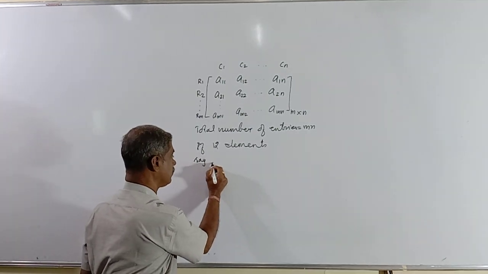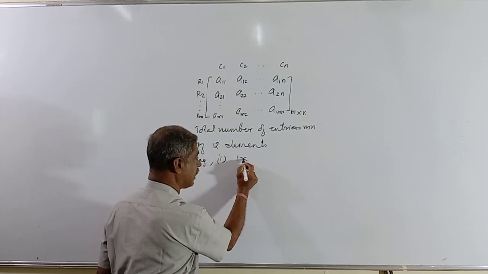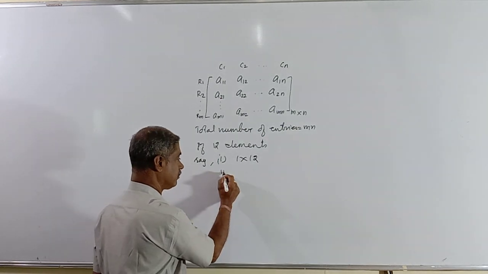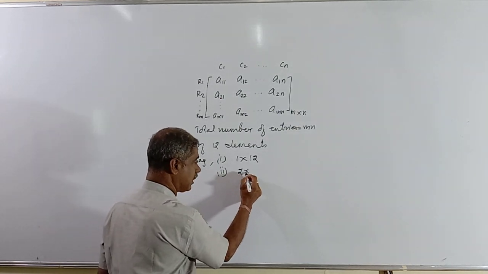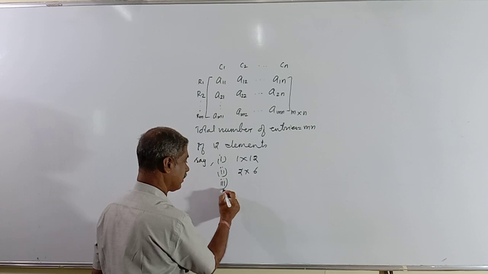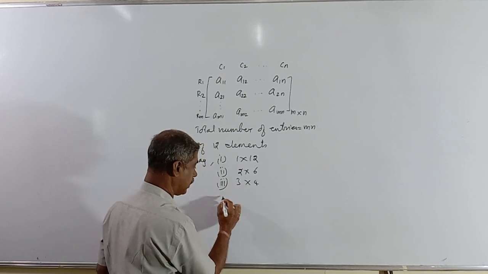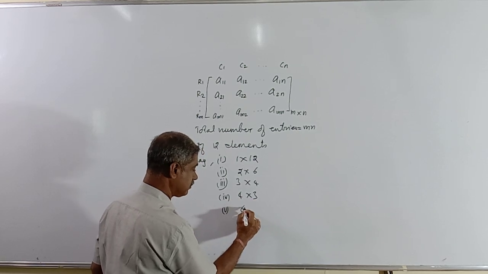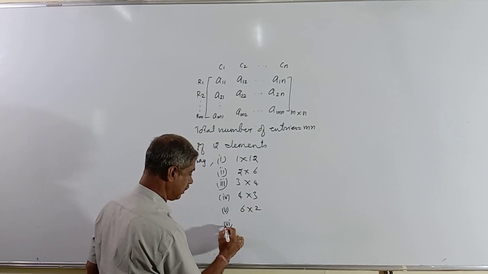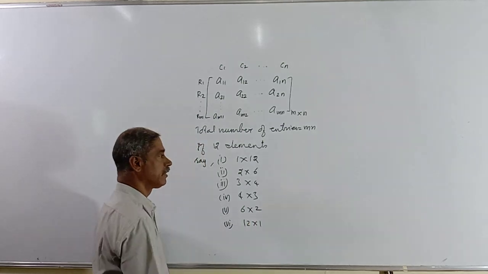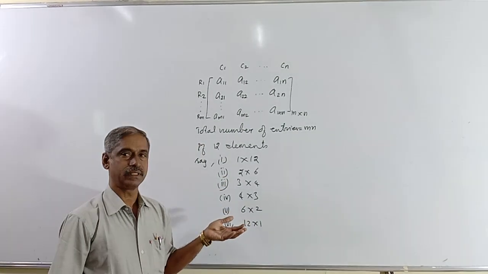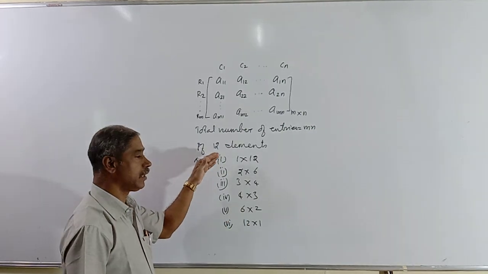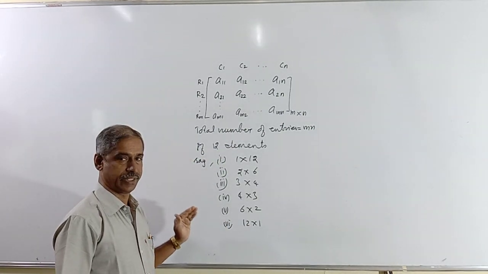Number 1, we can arrange one row with all the 12 elements; 2 rows and 6 columns; 3 rows and 4 columns; 4 by 3, 6 by 2 and 12 by 1. So the same set of elements can be arranged into different matrices, and these are all the possible forms of arranging them.